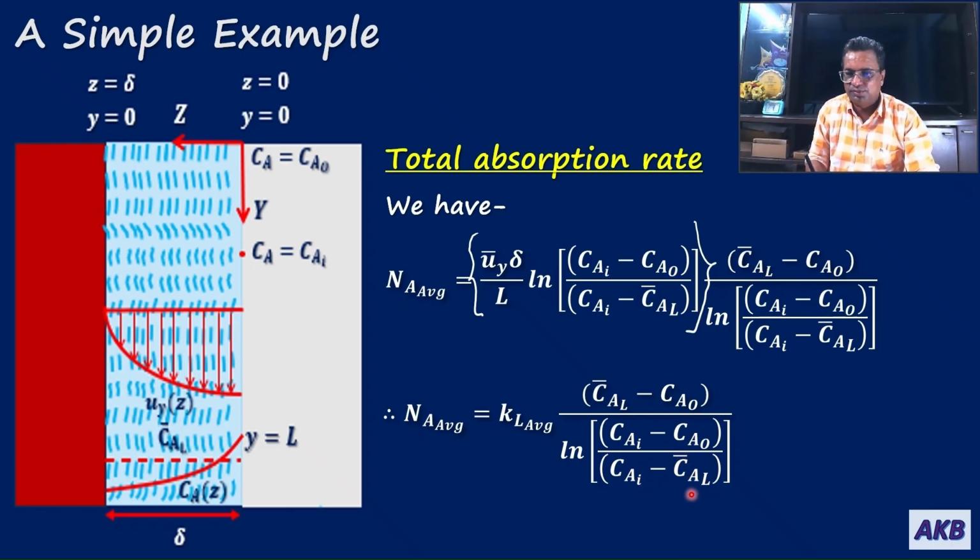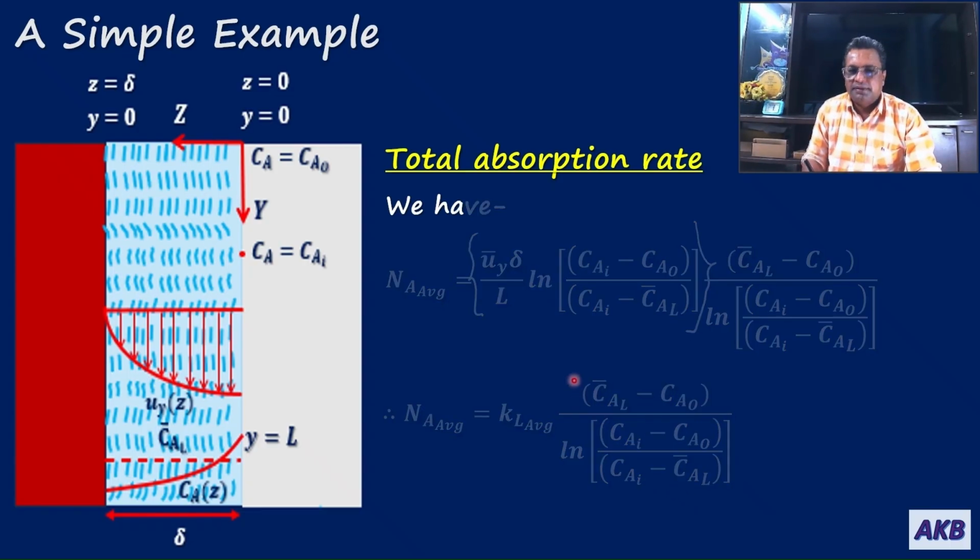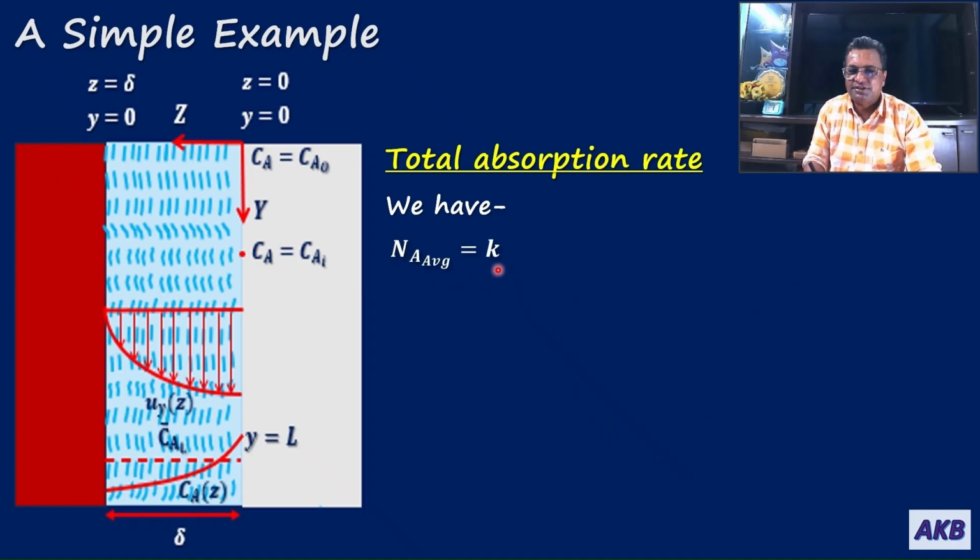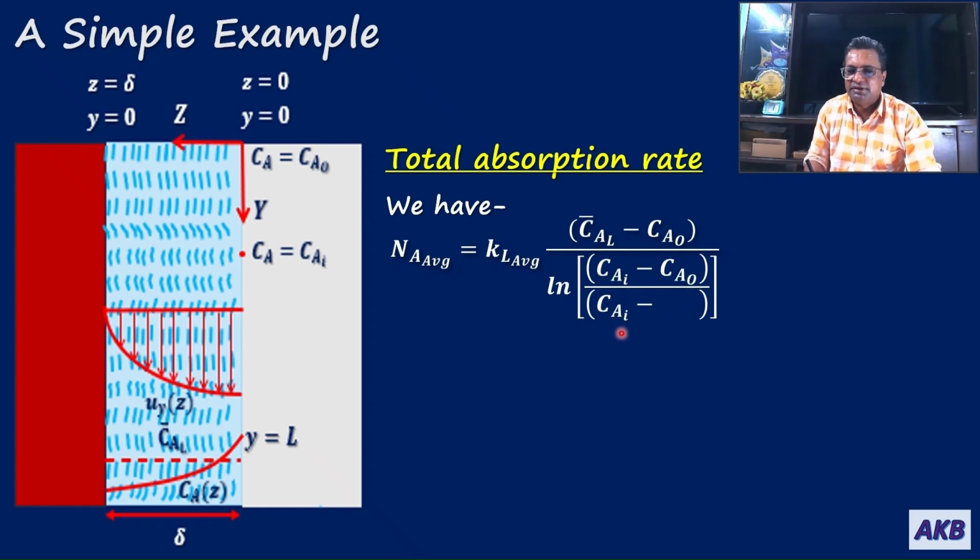Let us continue with this. We will rearrange this equation. So we got NA average is equal to KL average into CAL bar minus CA naught divided by ln of CAI minus CA naught divided by CAI minus CAL bar. Now in the numerator, I will add CAI and at the same time I will subtract CAI, so that I can get these two terms, CAI minus CA naught and CAI minus CAL bar.